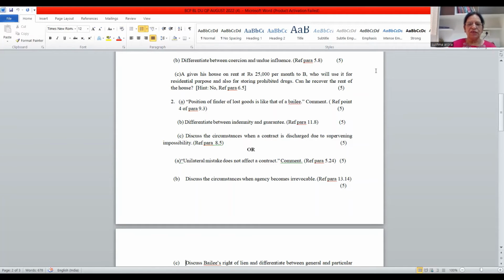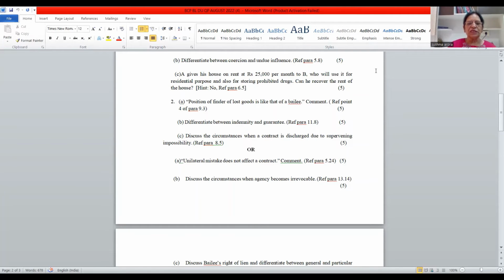You will have to cover the cases where this doctrine of subsequent impossibility applies, because the question is, discuss the circumstances when a contract is discharged due to supervening impossibility, where performance is excused.